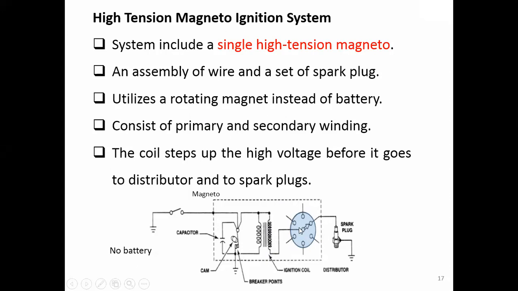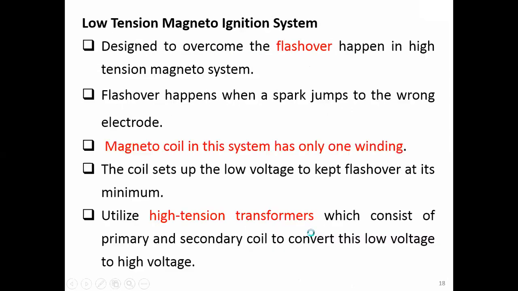This is the same as the battery ignition system or coil ignition system, because the distributor here always receives the high voltage, which is 20,000 to 30,000 volts. That is the reason why we call it a high voltage magneto ignition system, because the distributor always receives the high voltage.